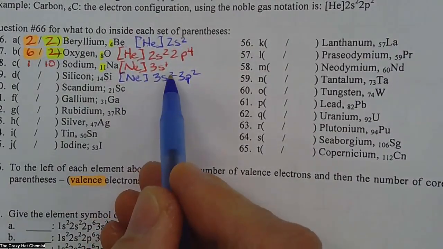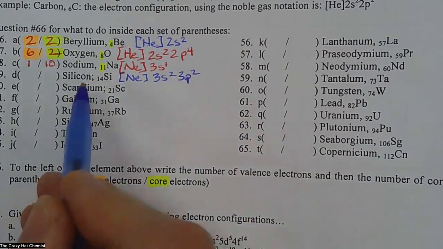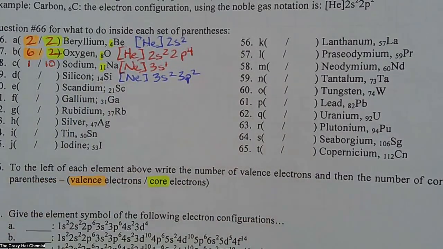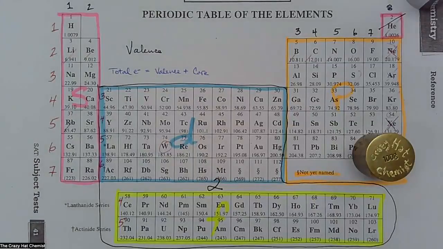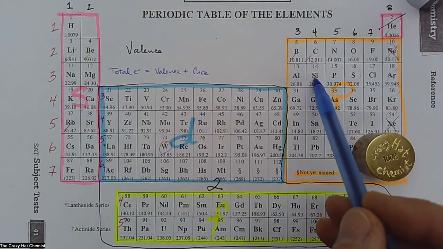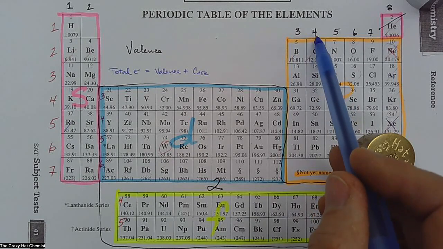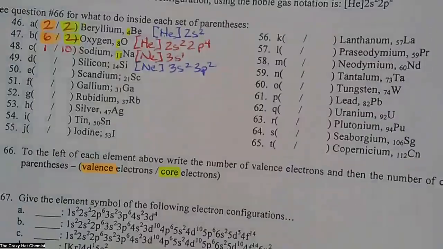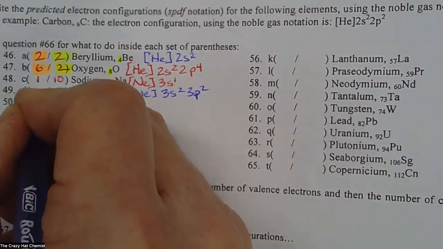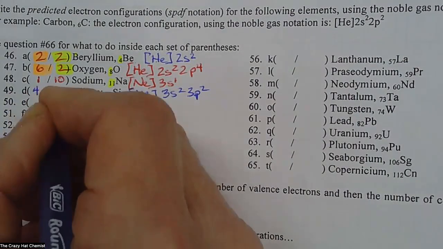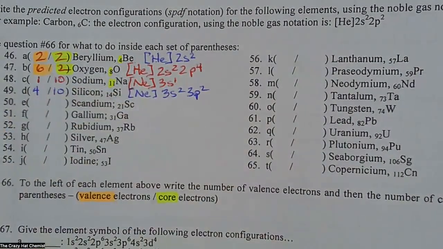So neon 3s2, 3p2. Silicon has a total number of 14 electrons, and we need to find out how many valence electrons are in silicon. Silicon has 4 valence electrons, so it's 14 minus 4, that's 10 core. So we're going to write that down as well. So how many valence electrons? 4, and there are 10 core electrons.